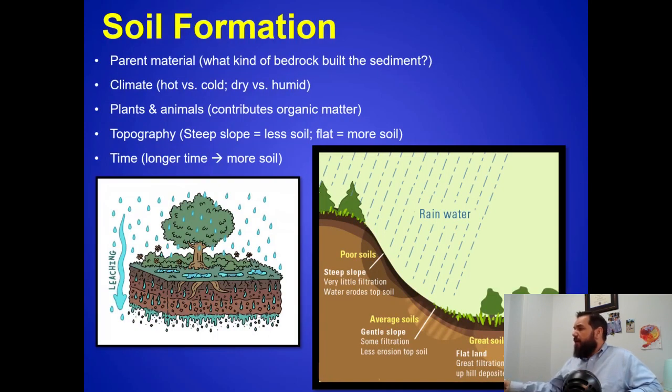Now, going into how soils are formed, there are 5 factors that are important for soil formation. First of all, one of the first factors you see up here is time. It just takes a long time to create a soil. Some places it takes 1,000 years to create 1 inch of topsoil, and that's really staggering when you think about it.